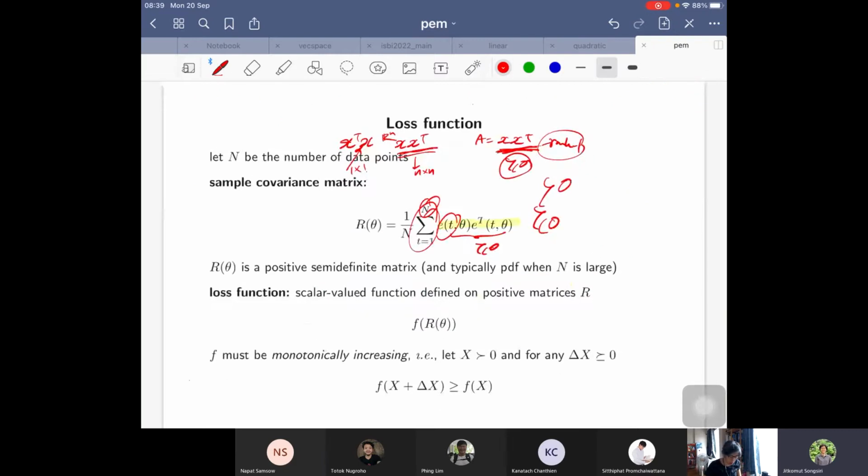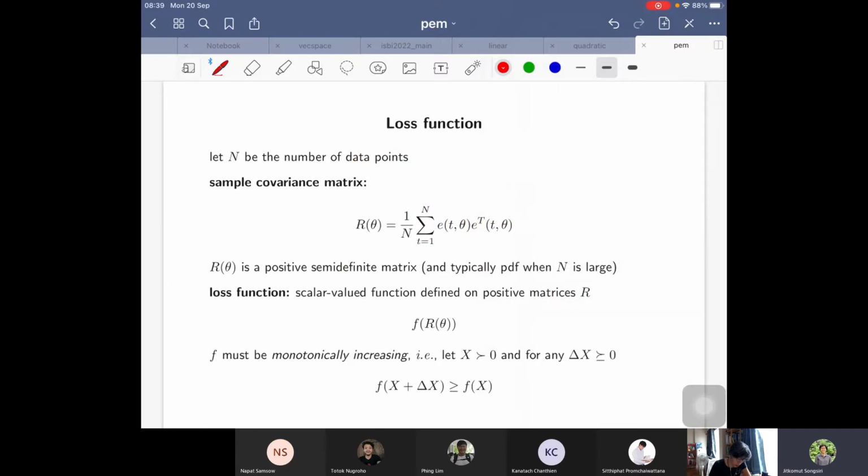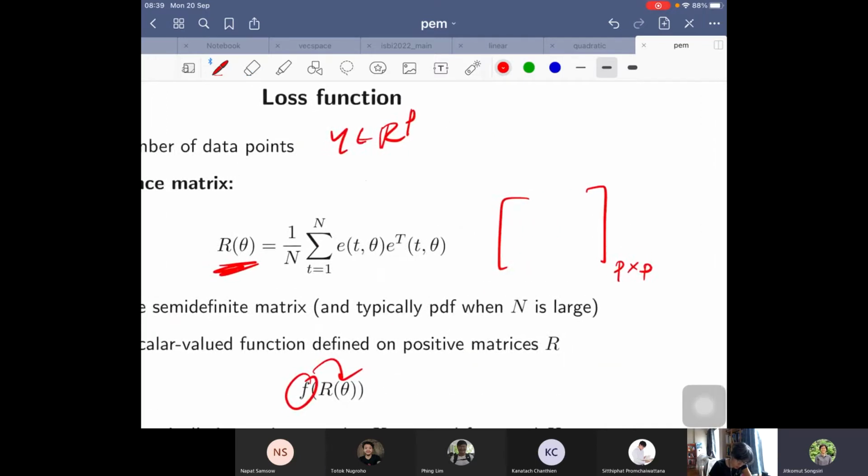Now, R is a matrix of size p by p, let's say, and your y is a vector in R^p. If you assign some function of the matrix R, what do you know about R? Let me go back a little bit. Is it positive semi-definite?